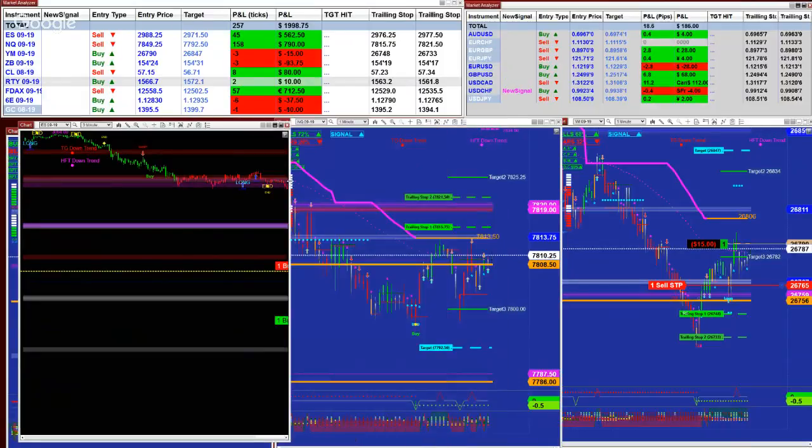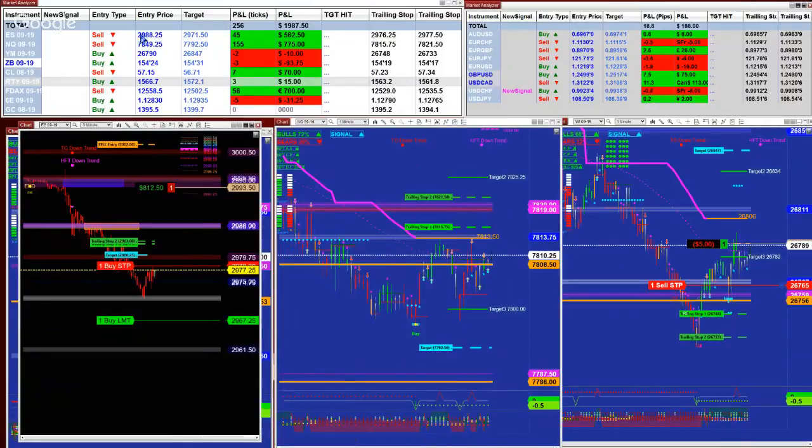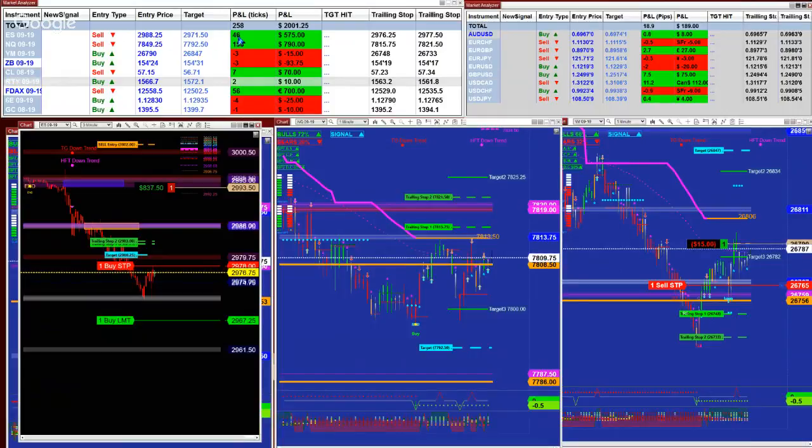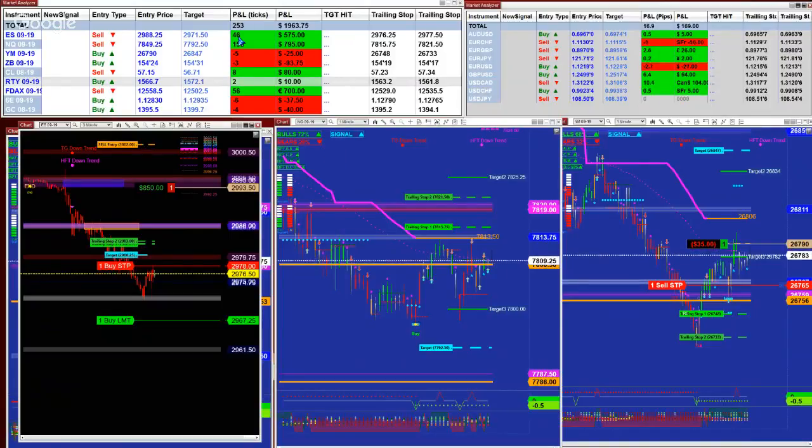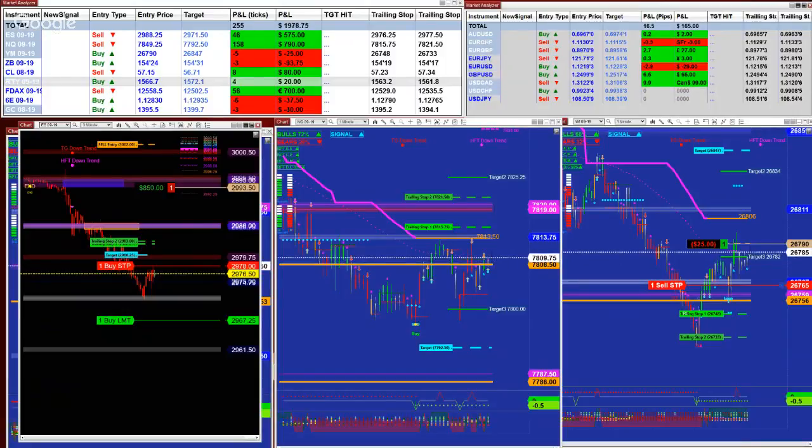Now, on this short trade, we had the 288.25, 46 ticks into the profit. That's very fine. Now, on the way up, we have the advantage to start picking up a new trade.